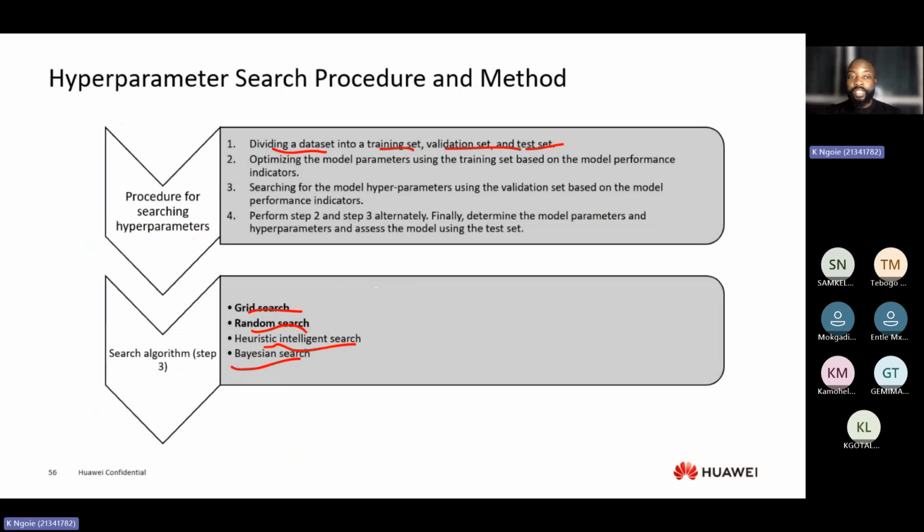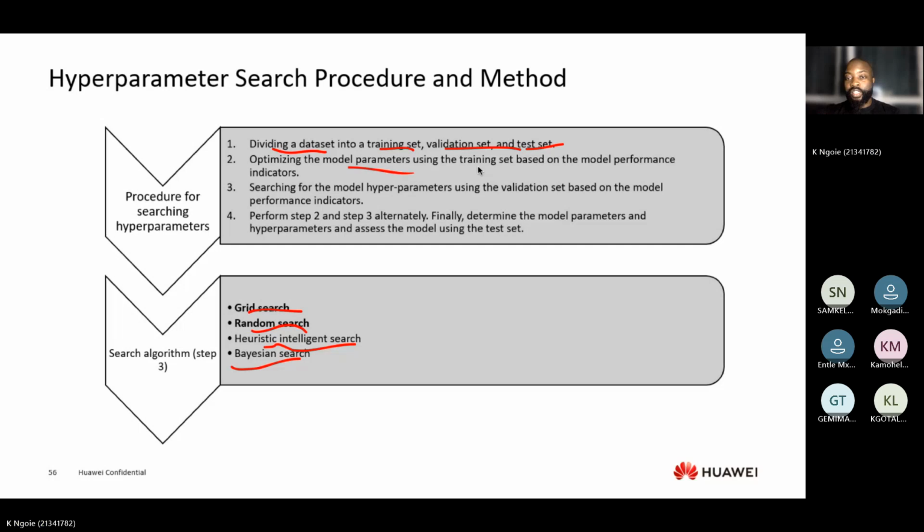So we do a data splitting. And then we're going to optimize the model parameters using the training set based on the model performance indicators. So now we're going to see how these parameters are working and how they're performing.